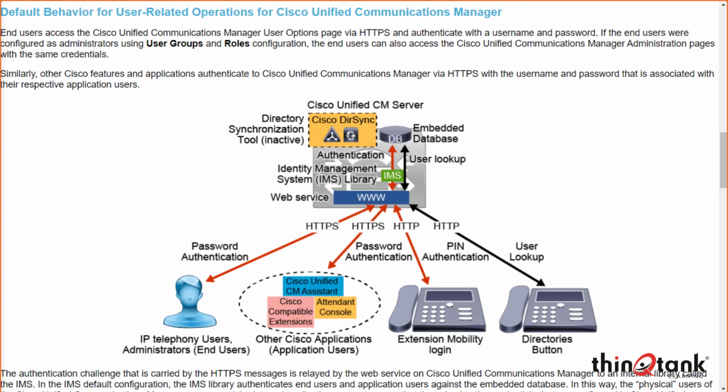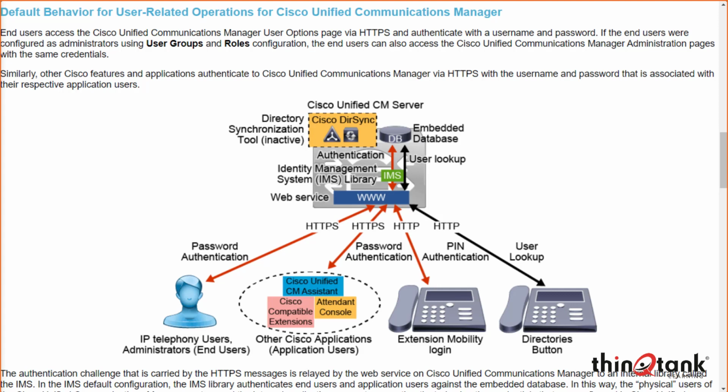Notice on the diagram, Cisco DirSync is listed here. That is the service that needs to be enabled in order for us to do this integration with LDAP and so on. Now, if there's an authentication component, the authentication challenge that gets sent is carried inside of HTTP. You can see that on the diagram here.